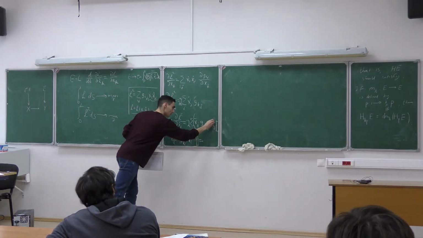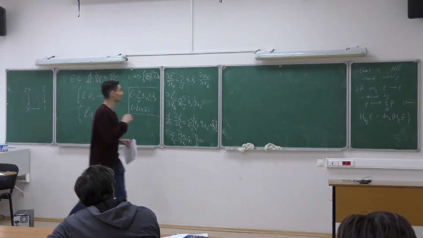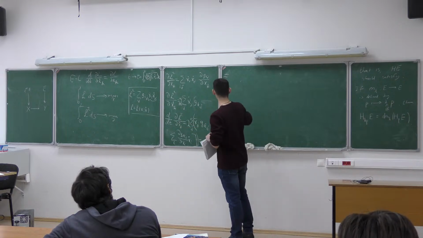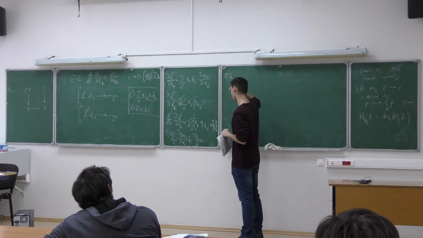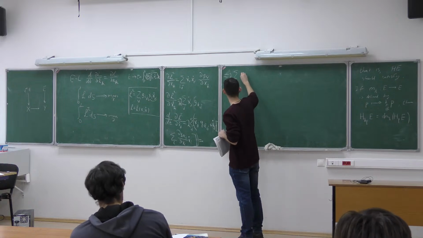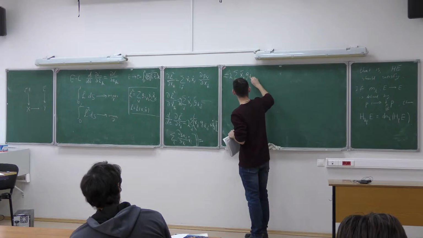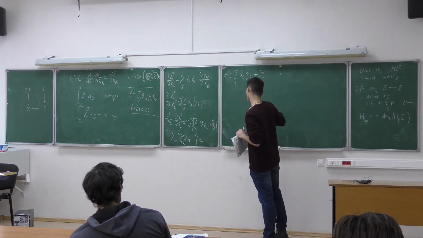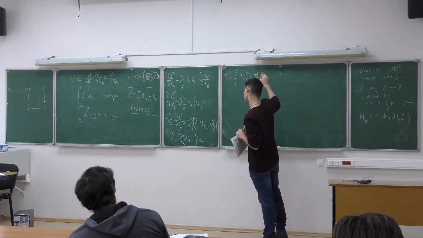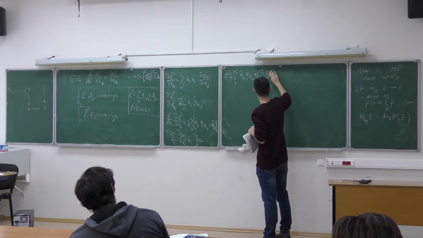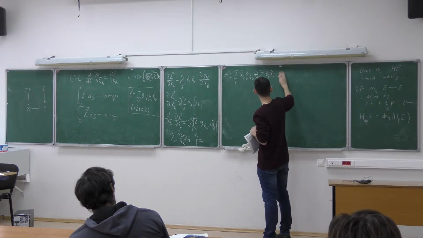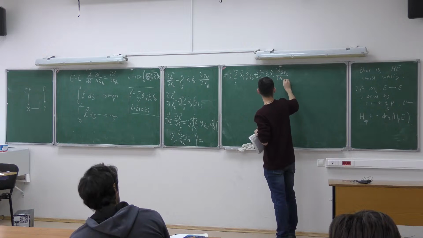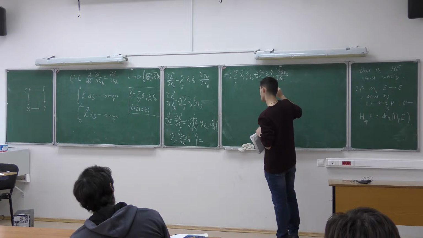So what we obtain is 2 times the sum over j of xj double dot times gkj plus the double sum over all ij of xj dot times xi dot times the derivative of gkj with respect to xi.